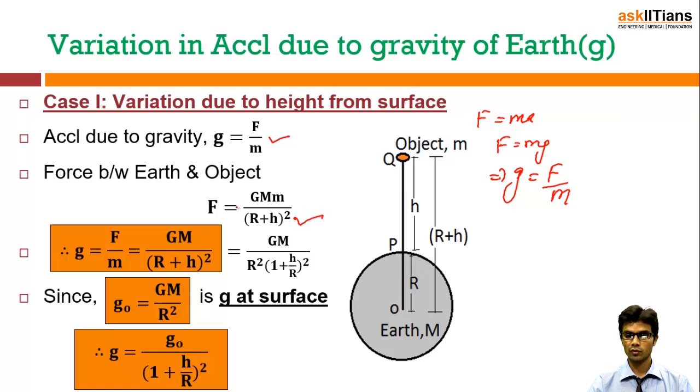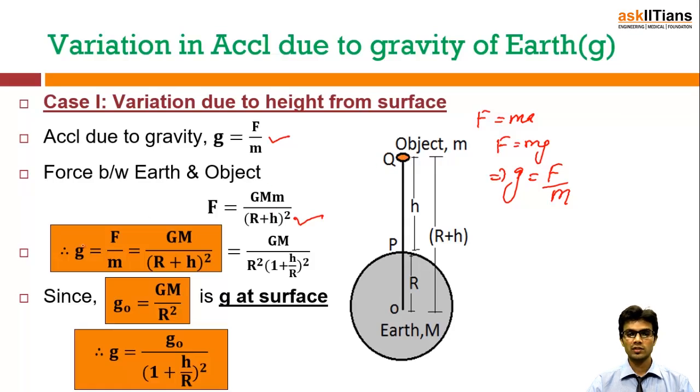This is the force acting between the object and the center of the earth. This is attractive in nature. Now we divide this by the mass of the object, so we can find the acceleration due to gravity of the earth.